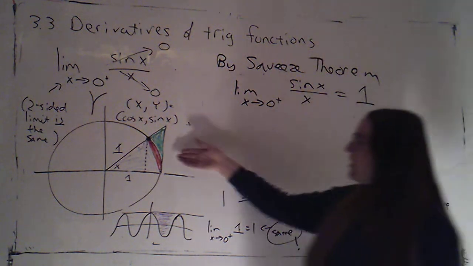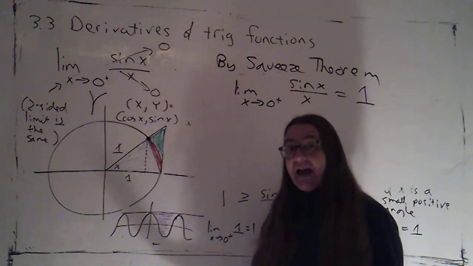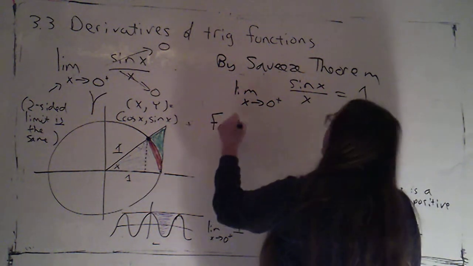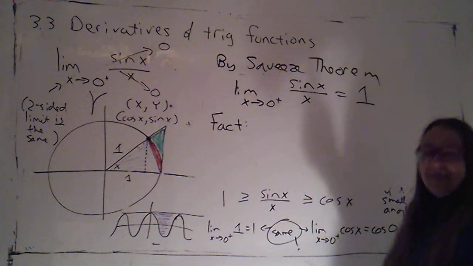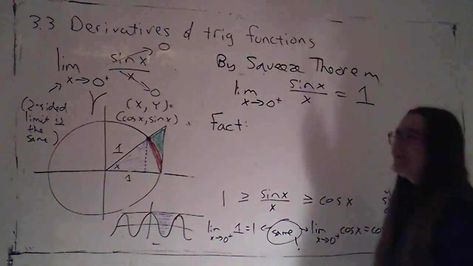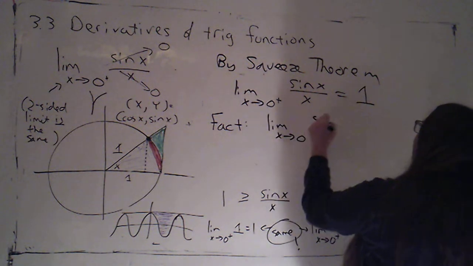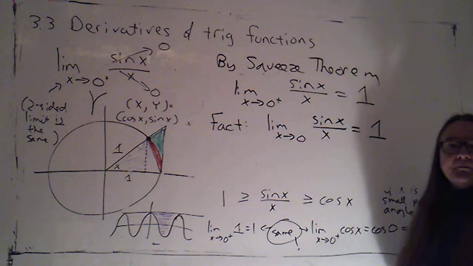And this argument can be easily modified to show that the limit from the left is also 1. So I'm just going to say fact, which could also be verified by looking at the other one-sided limit and then observing that they're the same. The two-sided limit as x approaches 0 of sine x over x is 1.